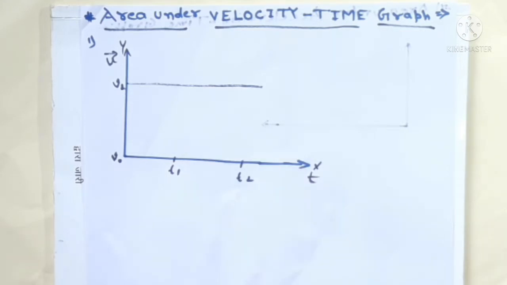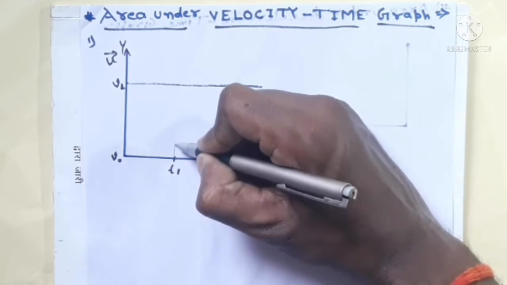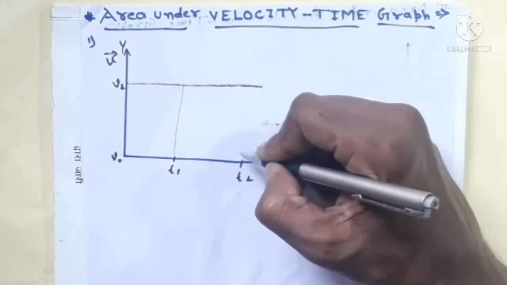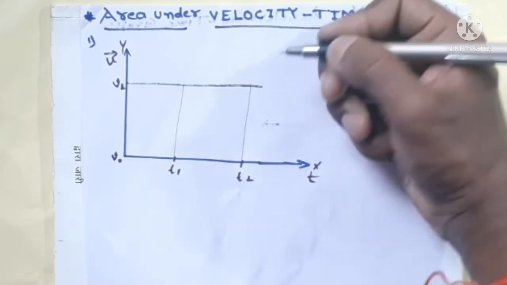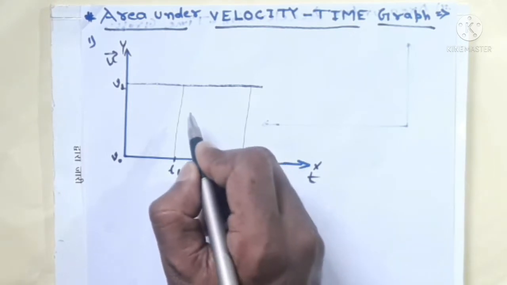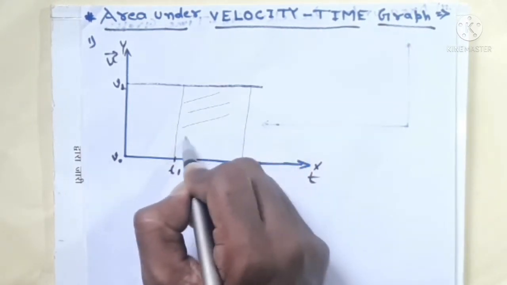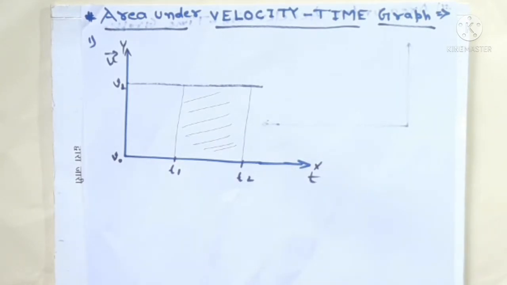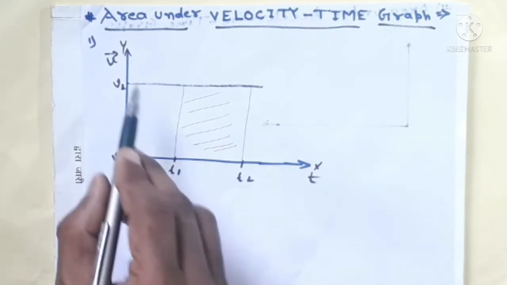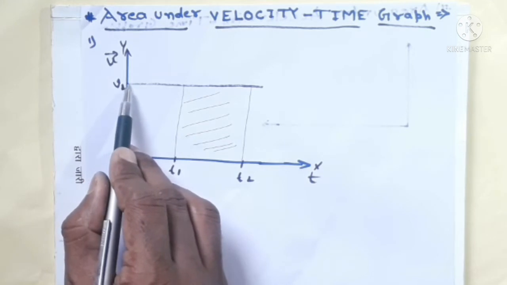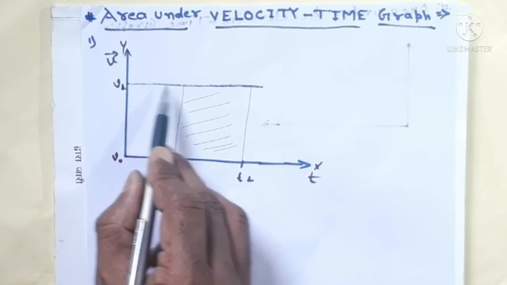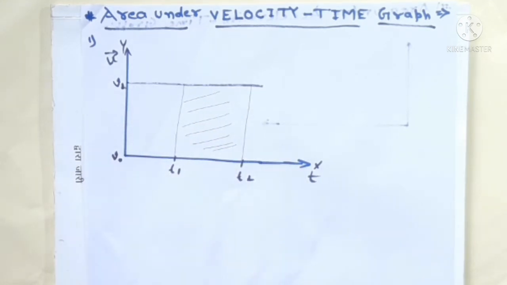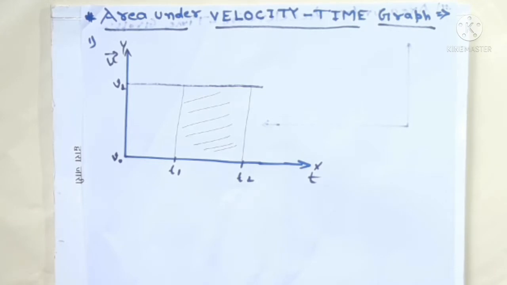So we draw a perpendicular, this and this, and we find this area. Before starting this, we know that when the graph is of constant velocity, this type of motion is known as uniform motion.